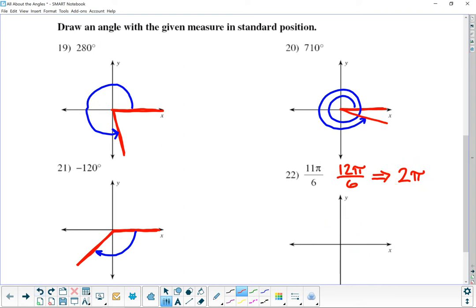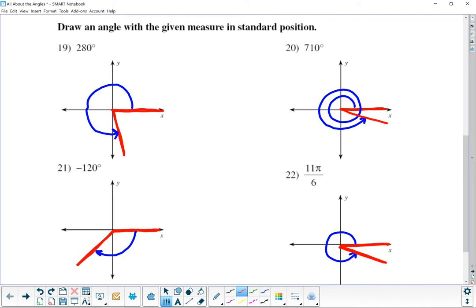But we don't have 12 pi over 6, which means we don't have a full circle. We have 11 pi over 6, and 11 pi over 6 is a little bit less than 12 pi over 6. So what that means is that we have almost a full circle, just about right there. So that would be about 11 pi over 6.